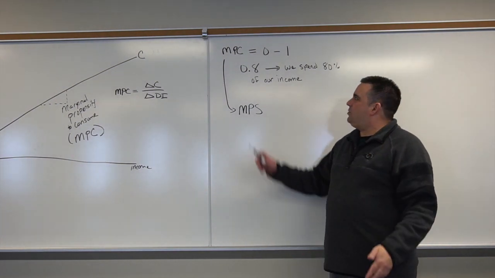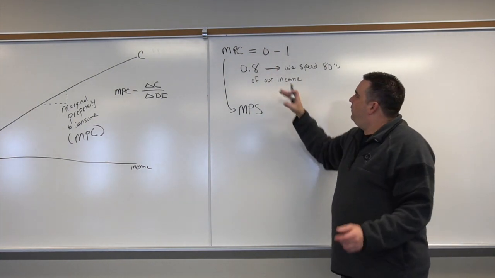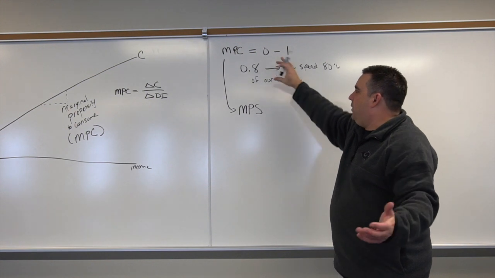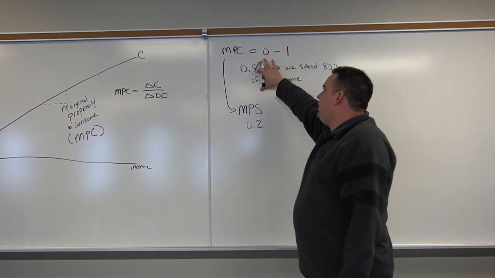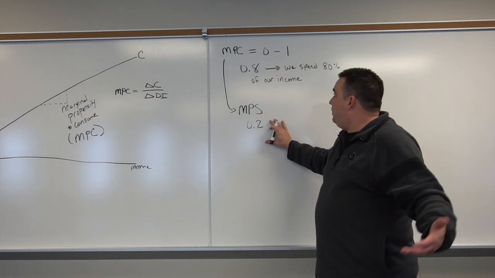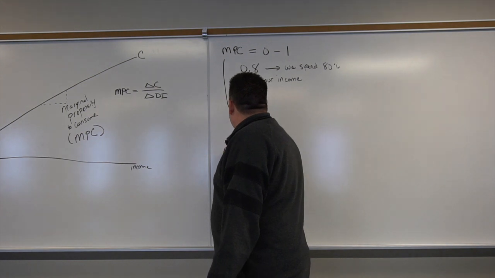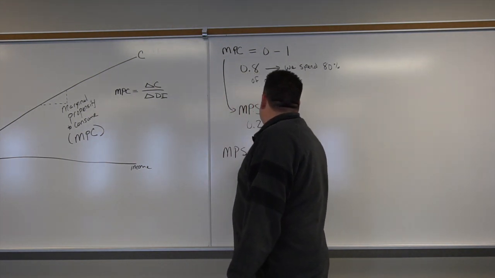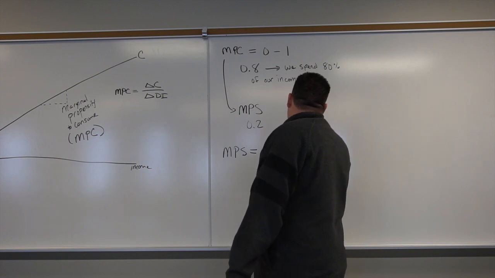And again, it's going to be measured in this scale of 0 to 1 because it's going to give us a percent. Now, if our MPC is 0.8, for example, our MPS would then have to be 0.2. We're spending 80%, we're saving 20% of our income. So you'll notice that mathematically, MPS is equal to 1 minus the MPC.